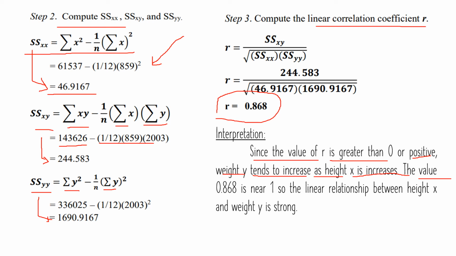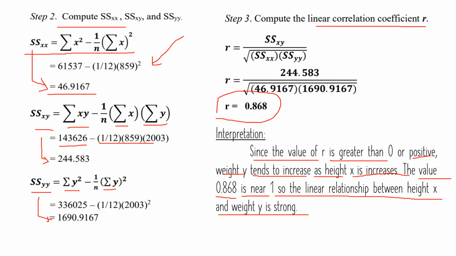So the value of 0.868 is near 1. So the linear relation between height and weight is strong. That's why if weight increases, most probably your height also increases. But in reality, when your weight increases, it doesn't mean that your height also increases.